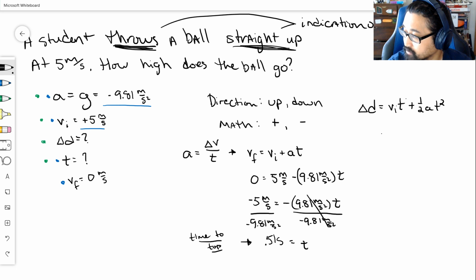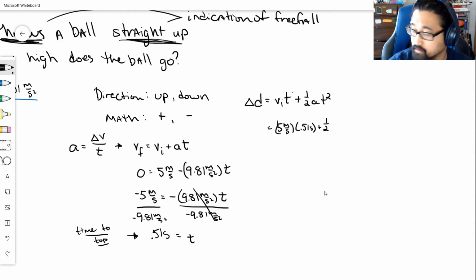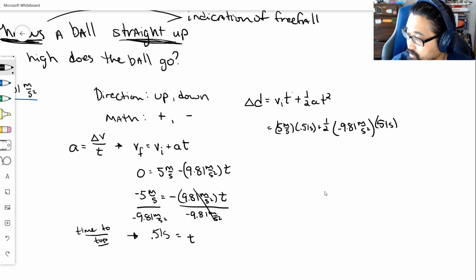And now I have all my information. It's 5 meters per second times 0.51 seconds plus half, and I'm going to move the screen over so that we can see. There we go. Plus half of negative 9.81 meters per second squared times 0.51 seconds squared.